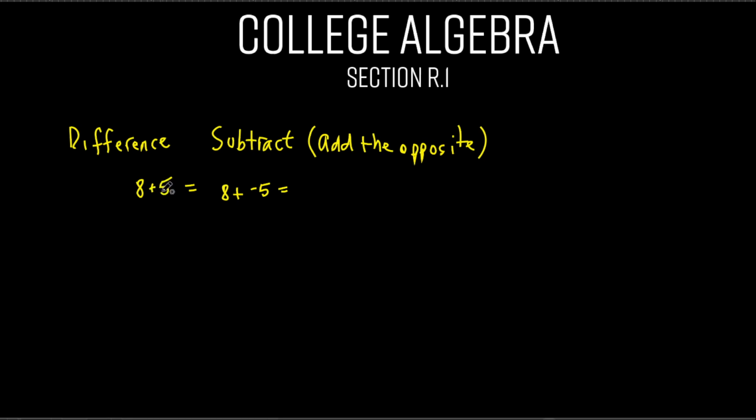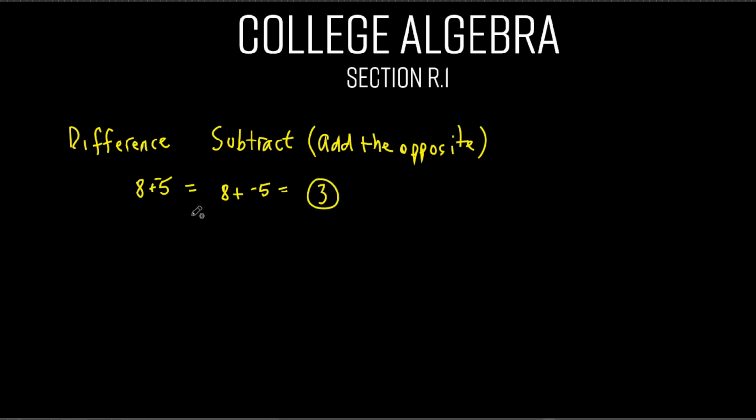That's the add part. And then the opposite. What's the opposite of positive 5? It's negative 5. Okay, and my rules say that I subtract the two numbers and take the sign of the largest. Remember that? So if I subtract them, 8 minus 5 is 3. What's the sign of the larger number of these two? It's positive. So what's the sign of this? It's positive. Pretty simple, okay?